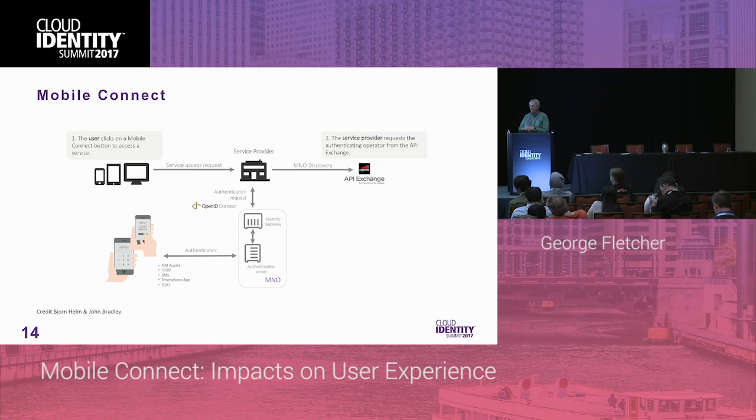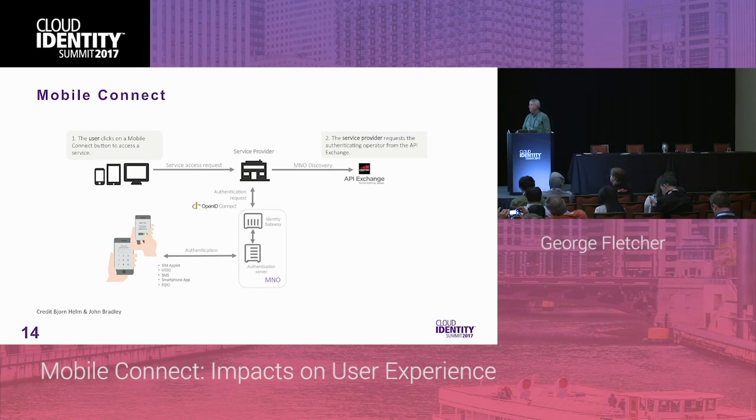So you get your second redirect from the relying party to the MNO, the mobile network operator, and you're just doing OpenID Connect. The Moderna spec adds some specific profiles around OpenID Connect, but suffice it to say it's an OpenID Connect flow.